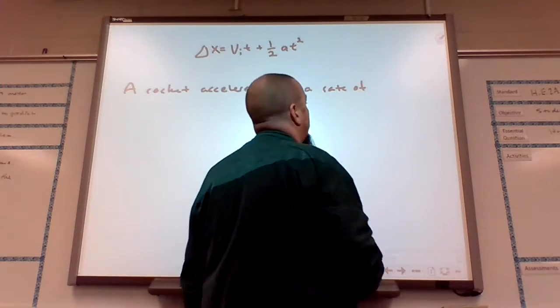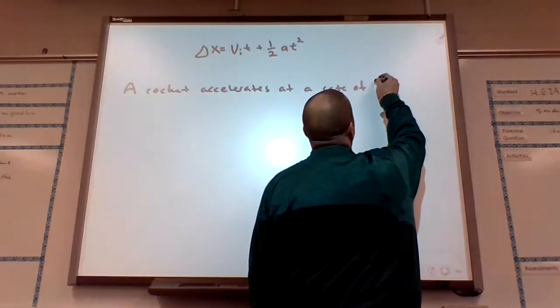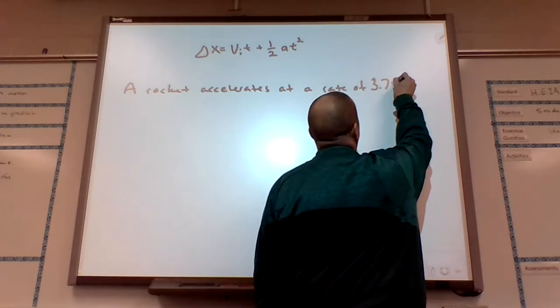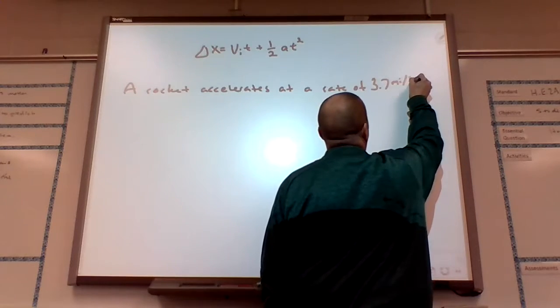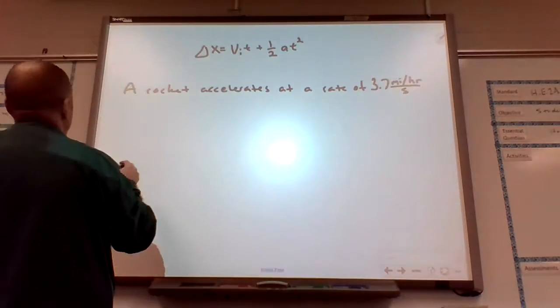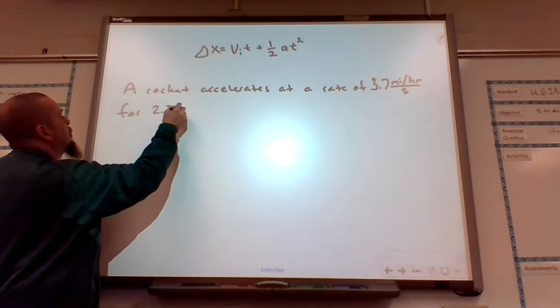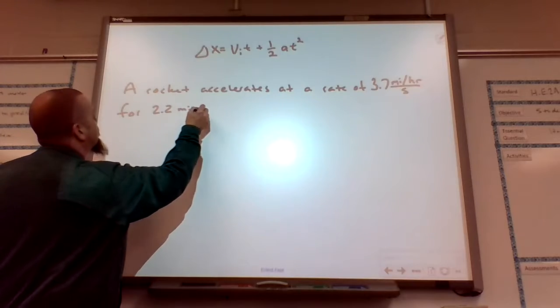All right, so we have a rocket accelerating at a rate of 3.7 miles per hour per second for 2.2 minutes.